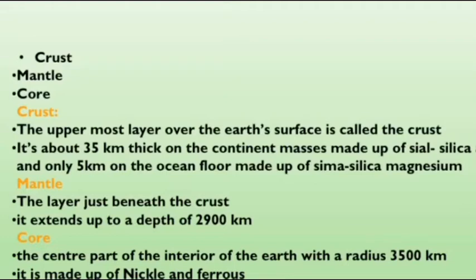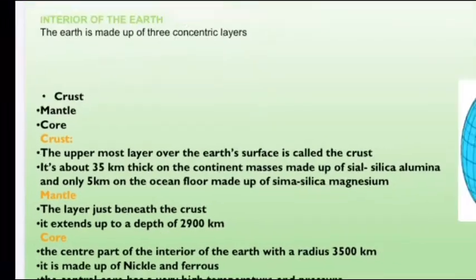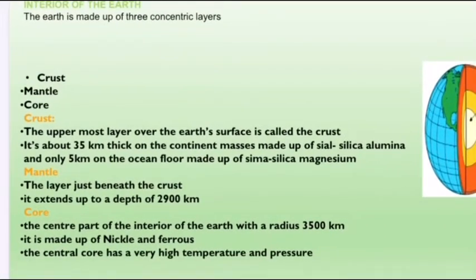The uppermost layer of the earth is called the crust. It is the thin layer where we see the mountains, plateaus, oceans, everything on the uppermost part of the earth. It is about 35 km thick on the continental mass and is made up of silica and aluminium.